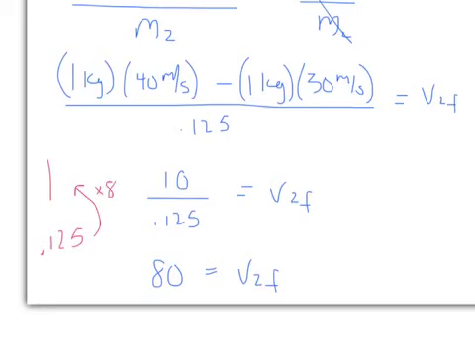So therefore, our change in velocity of the stick, which happened to be 10, is going to be 1/8 of the change in velocity of the puck, which turns out to be 80 meters per second. Again, this is the change in velocity because the initial velocity of the puck was 0. So 80 minus 0 is just 80.